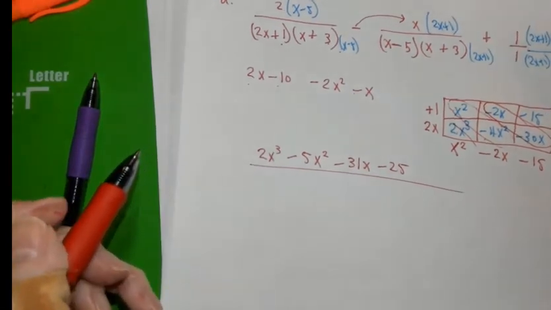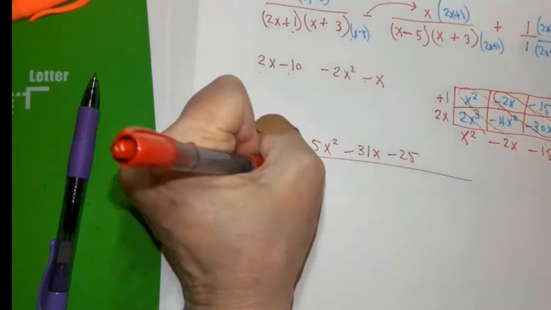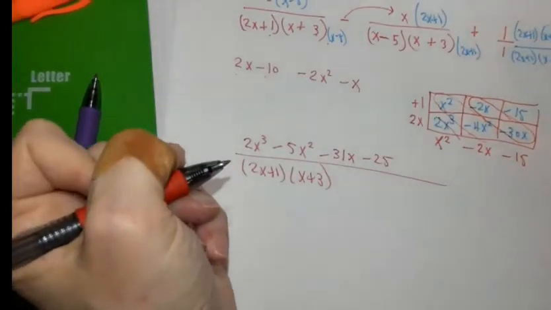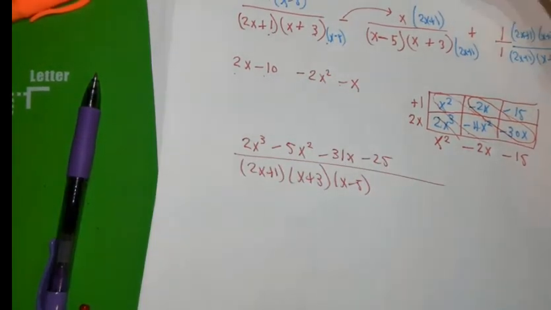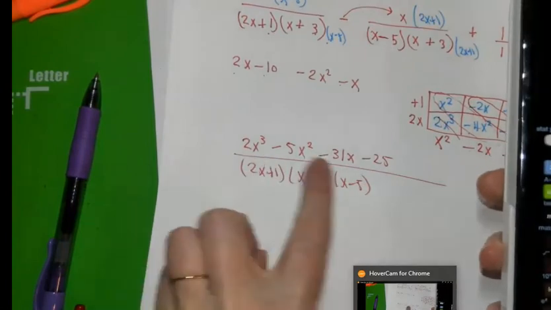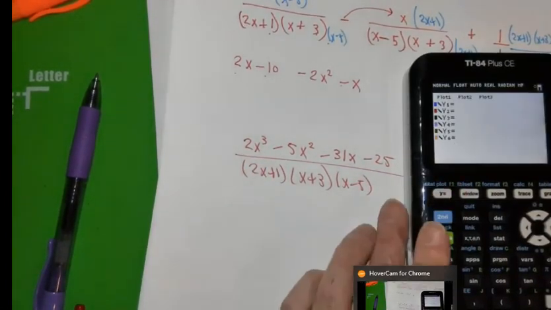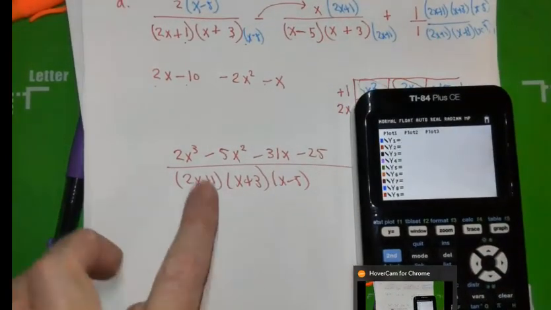So my denominators here are all of the above, so let's put them back: 2x plus 1, x plus 3, and x minus 5. So the question is, are any of these factors going to divide out of that lovely trinomial? I'm going to use my calculator here to see if any of these are factors.